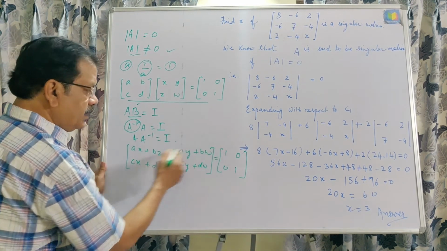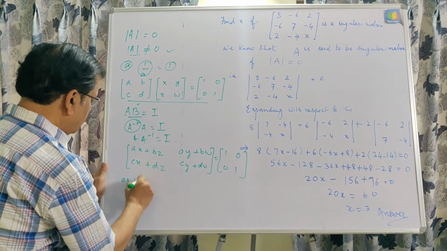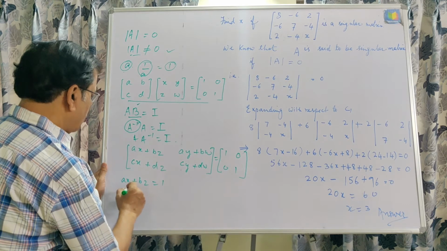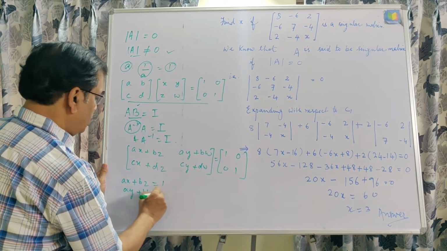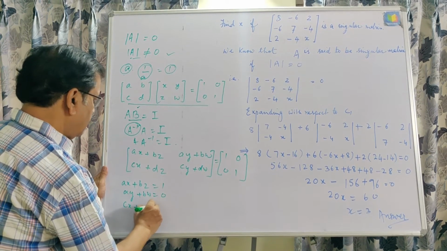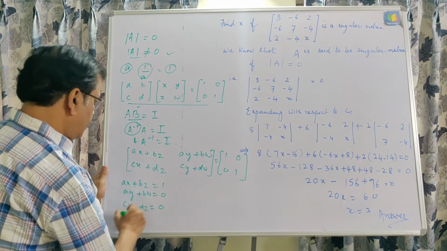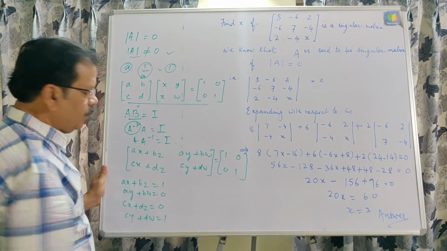After comparing these two equal matrices, we will get the equations AX plus BZ is equal to 1, AY plus BW is equal to 0, CX plus DZ is equal to 0, and CY plus DW is equal to 1.